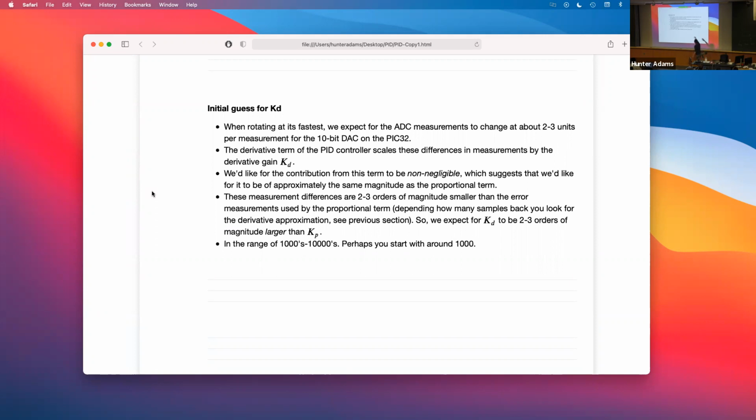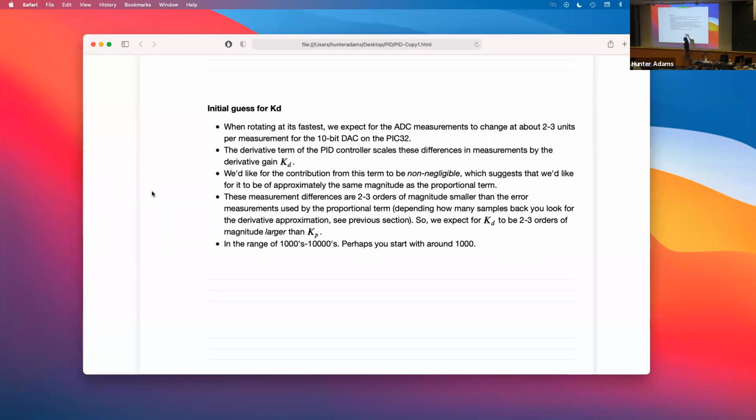Because these derivative measurements are 2 to 3 orders of magnitude smaller than the proportional measurements, we expect KD to be 2 or 3 orders of magnitude larger than KP. Does that make sense? Our error measurements that we scale for the proportional part are on the order of hundreds of ADC units. The derivative terms that we scale for our derivative part are on the order of single digit to tens of ADC units, orders of magnitude smaller. So we want to scale it by a couple of orders of magnitude more.